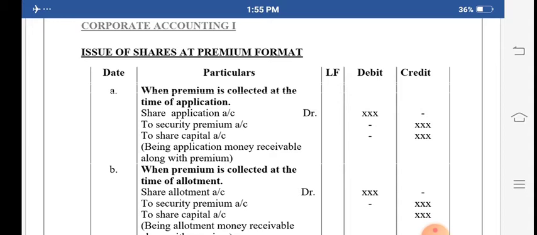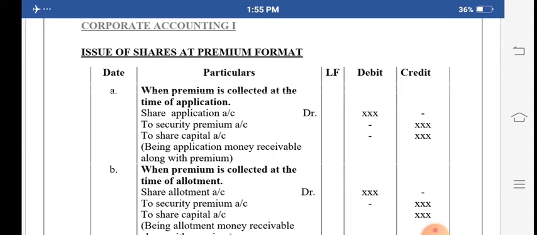Whatever the issue price, 10 or 15 rupees, they are bifurcating it. Some cash they are receiving by applications, some cash at allotment, and by calls.